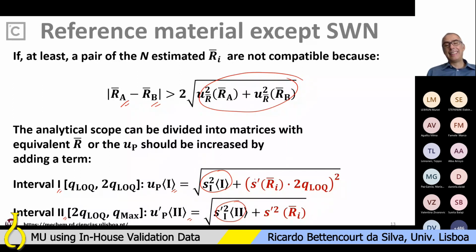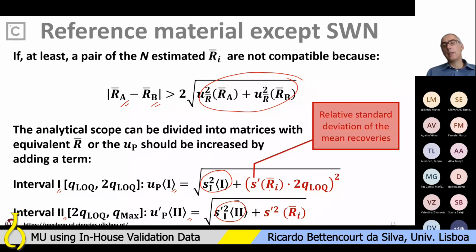You can add the relative standard deviation of mean recoveries, times 2 times the limit of quantification at interval 1, or directly for interval 2. This standard deviation is for the mean recoveries. So if matrix is not important, this will be lower than this precision standard deviation.